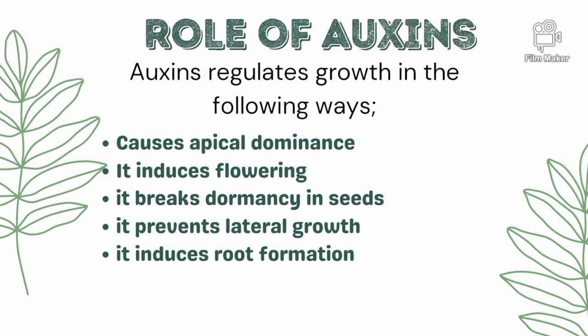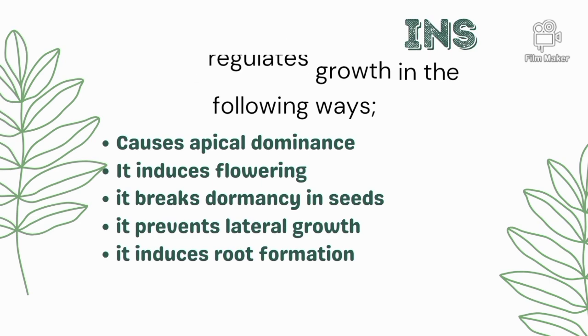Also, auxin causes apical dominance by the concentration of auxins at the tips of the root, shoot, and stem. It induces flowering. It also breaks dormancy in seeds. It prevents lateral growth due to the concentration of auxin at the tip. It also induces root formation.